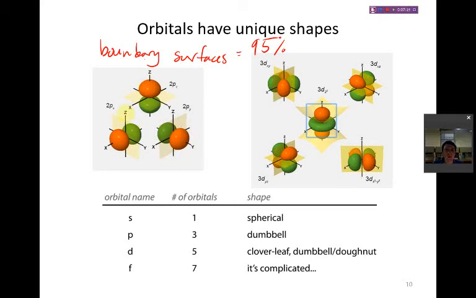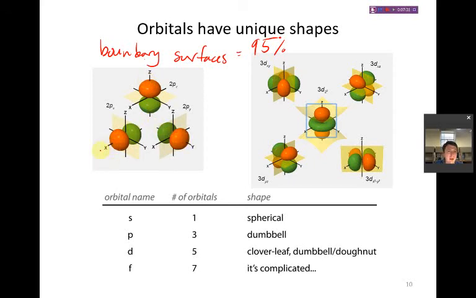And so we have p-type orbitals that are represented here, and then d-type orbitals that are represented on the right. You'll notice that for the p-type orbitals, they're the same shape, just in different orientations.